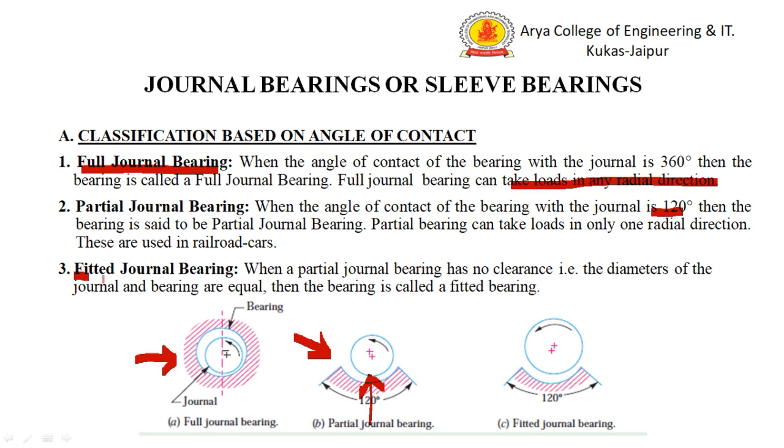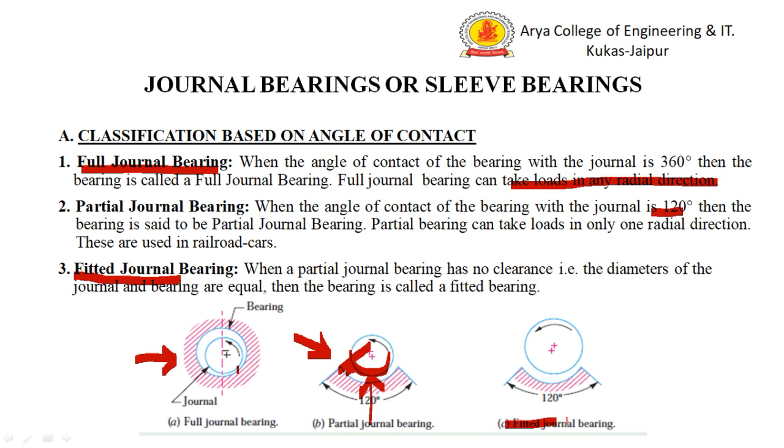The third is the fitted journal bearing. Basically, in the full journal bearing and partial journal bearing, the journal is the moving element and the bearing is the fixed element. So, in these bearings, the diameter of the journal and the bearing is different, so there is some clearance between the diameter of the journal and the diameter of the bearing.